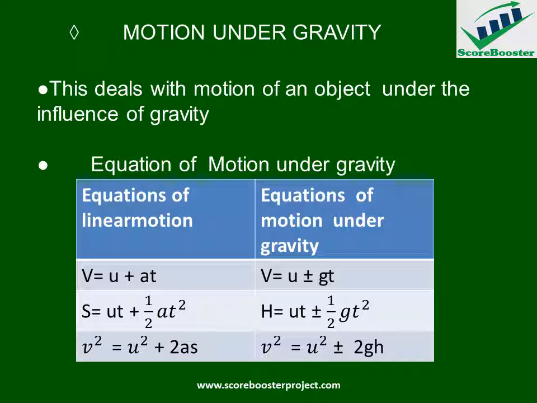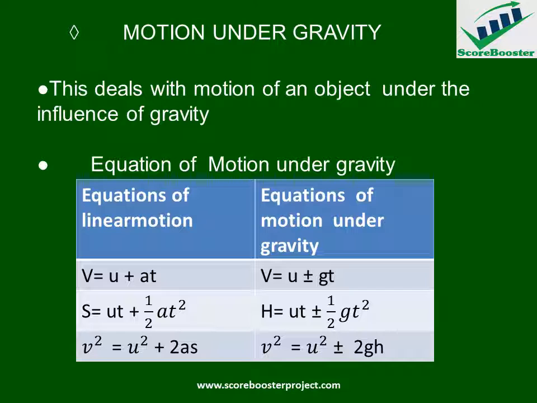For example, the first equation of linear motion says v equals u plus or minus at. Then we can derive the similar equation for motion under gravity by just replacing the acceleration a with acceleration due to gravity g. So if you replace a with g, then we have v equals u plus or minus gt.